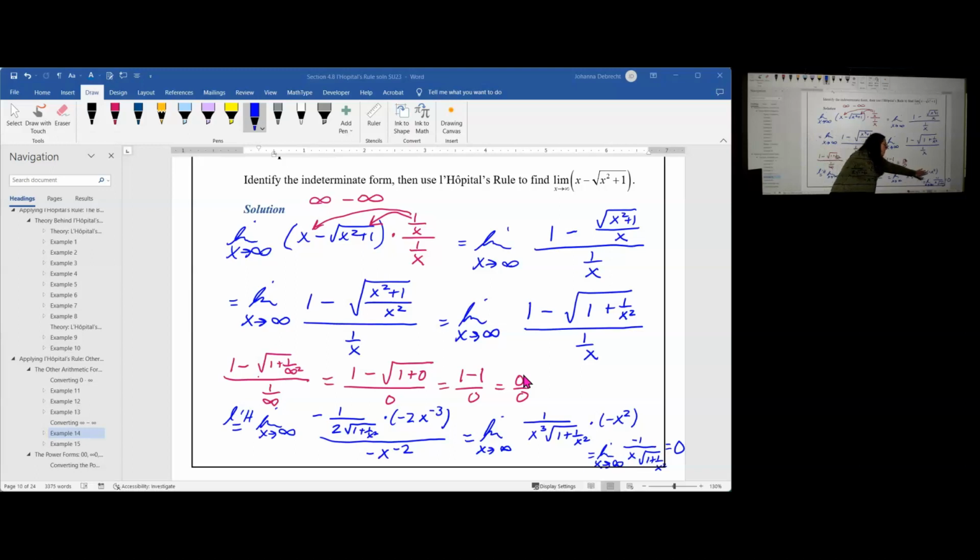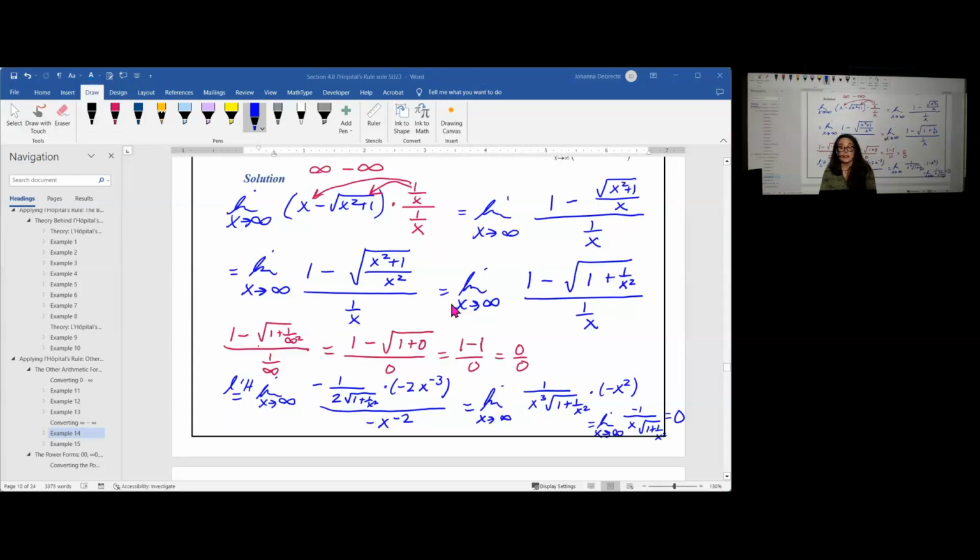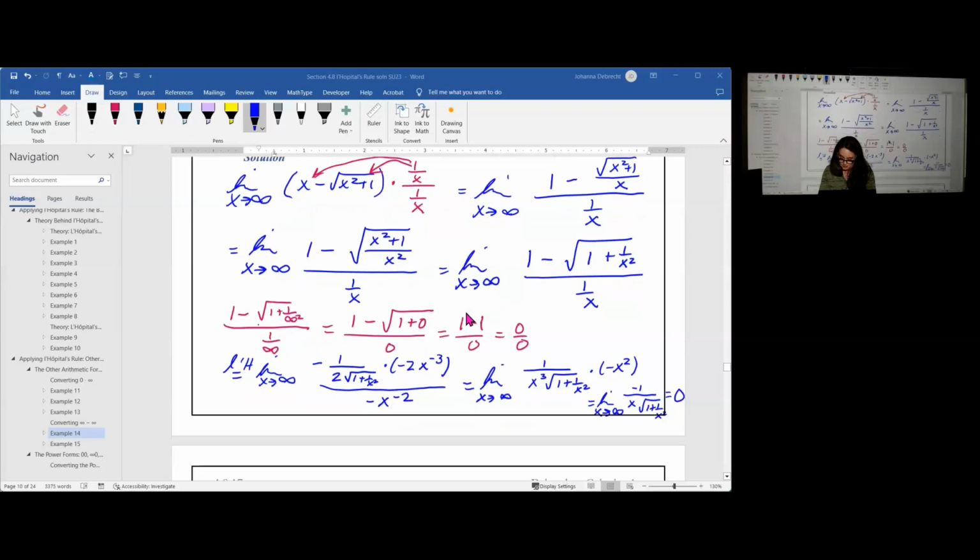When I multiply, x squared and x cubed reduce, and you get negative 1 over x times that radical. As x goes to infinity, 1 over x squared goes to 0, and I get the square root of 1, which is 1. I also have an x outside the radical, so I end up with negative 1 over infinity, which drives to 0. Let's take a look at one more example.